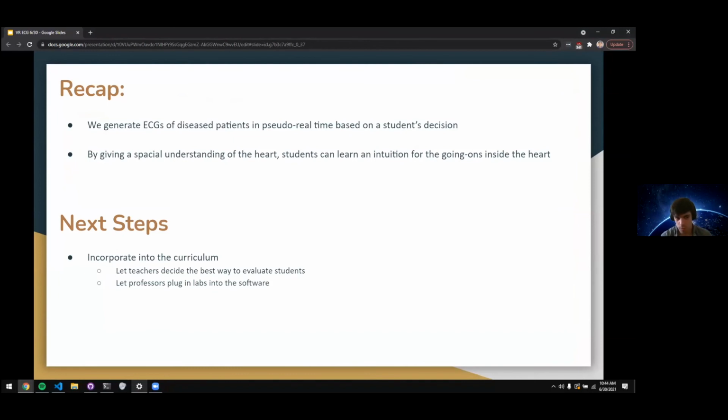So let's just recap everything. We'll talk next steps, and then we'll open up questions. So the way we built this application, we took healthy and/or disease data from 12 different leads. We reverse engineered and distilled that 12-lead EKG data into an XYZ vector.